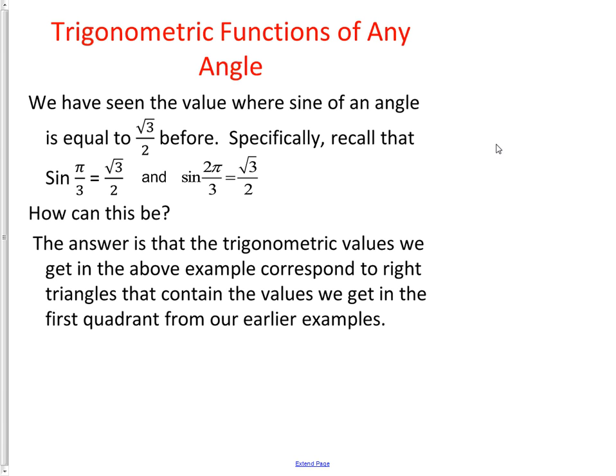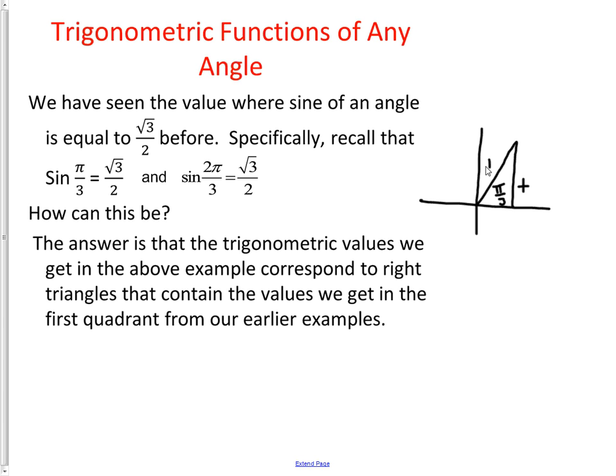And you'll recall, we were just looking at a diagram before. Let's try that again. We were looking at a diagram before where when we drew our right triangle containing pi over 3 in the first quadrant, we had a positive opposite side.